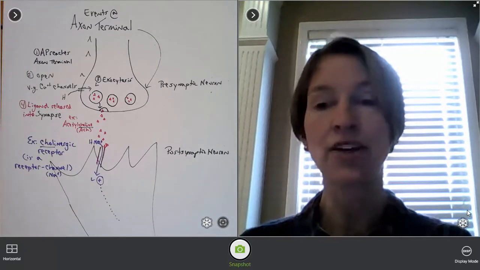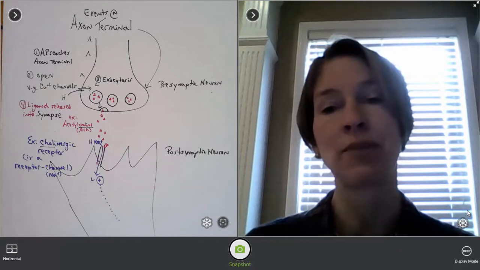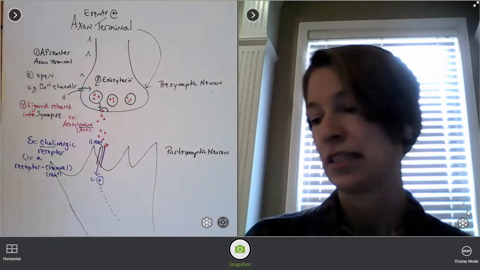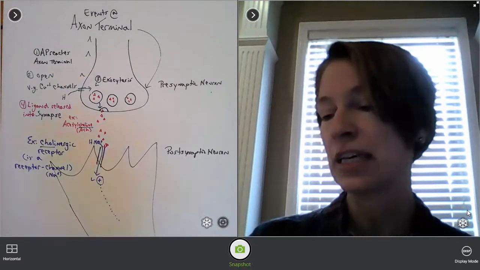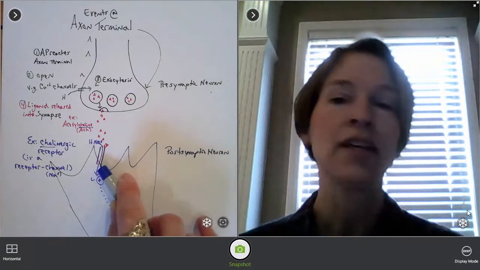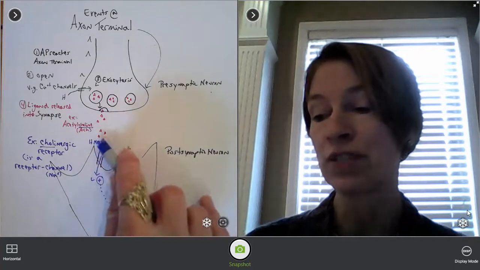So I need to tell you there's several different ways that your book, chapter 8, looks at this event. It calls it a depolarization. It calls it a depolarizing graded potential, because a little bit of acetylcholine will cause a little bit of sodium to flow.